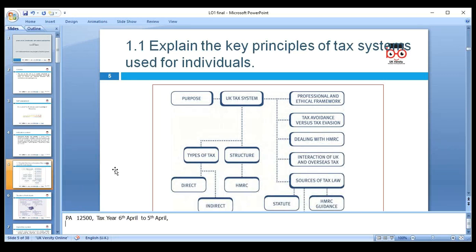Anyone know what is the key difference between direct tax and indirect tax? Is VAT a direct or indirect tax? Which one do you think? Value added tax? Direct? Okay, direct. So what is the indirect tax then? Is there any difference between direct and indirect tax? Yes, I think there is. One, you do something, you submit it.